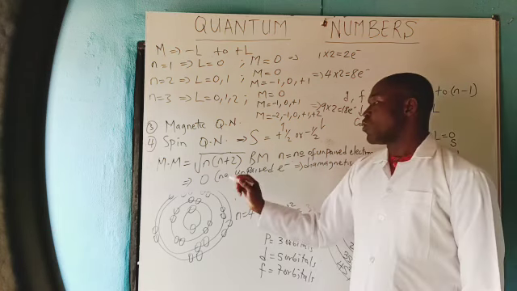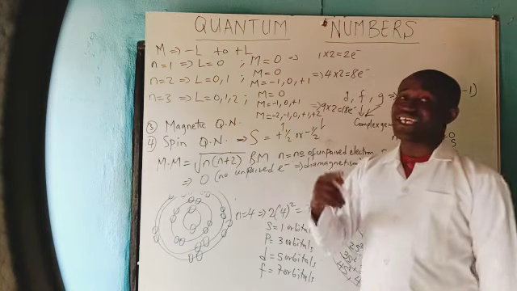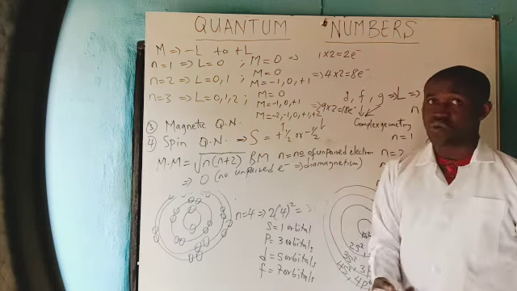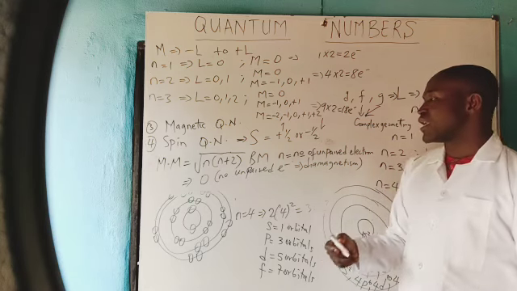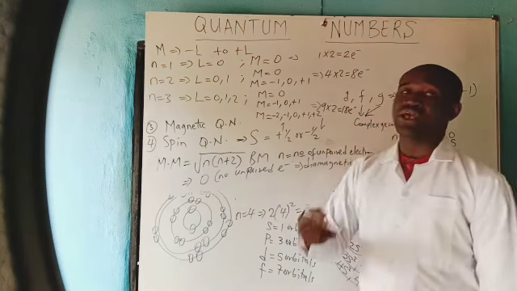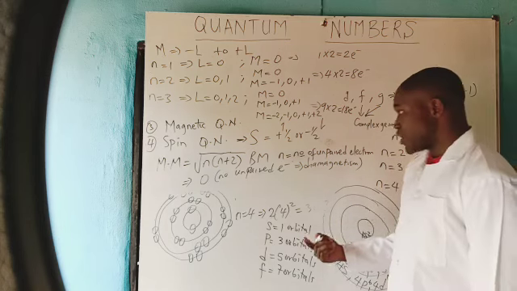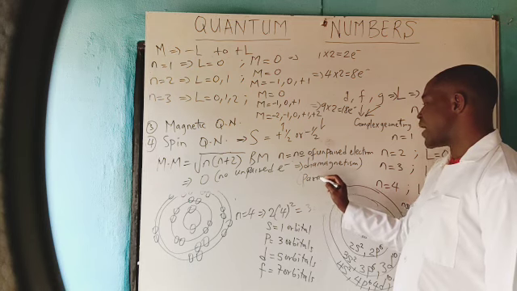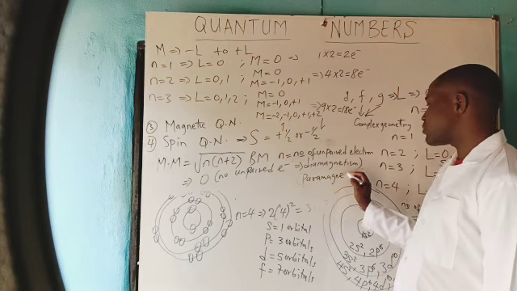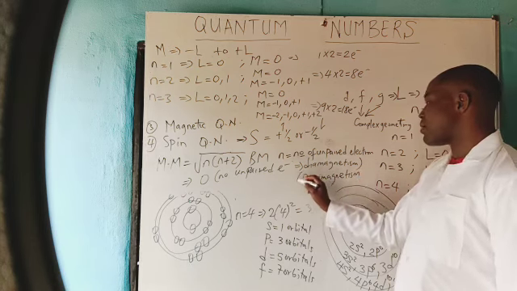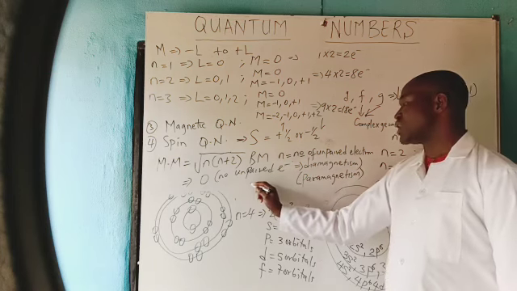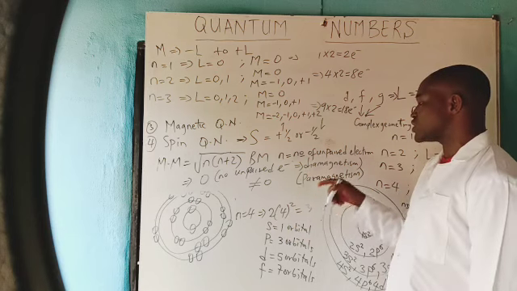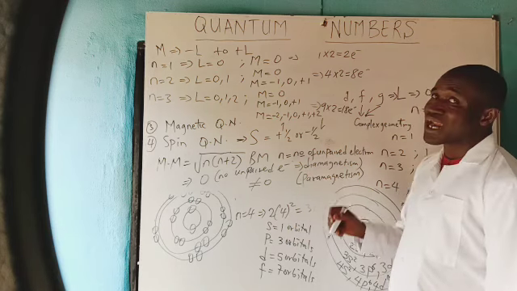Then when the magnetic moment is not 0, there are unpaired electrons, and that is what we call paramagnetism. When the magnetic moment is not equal to 0, we say it is paramagnetism.